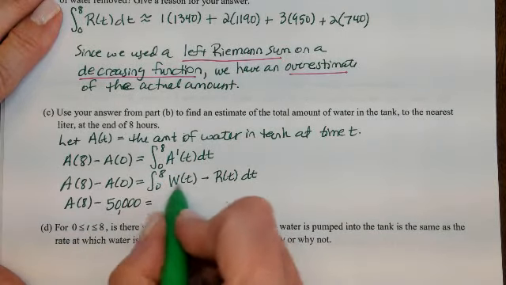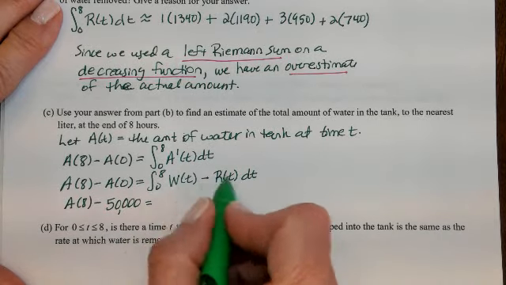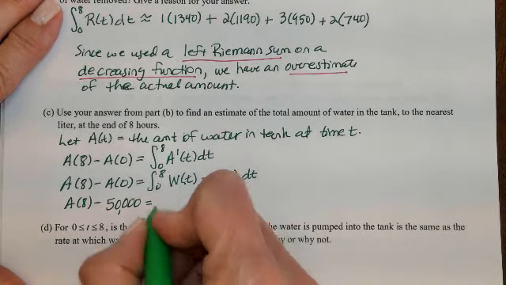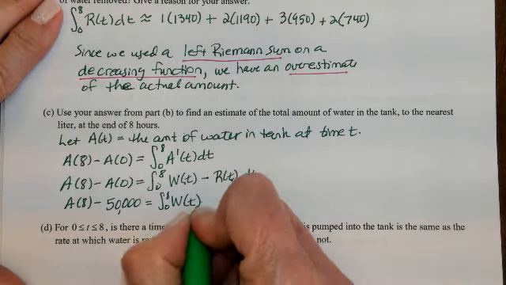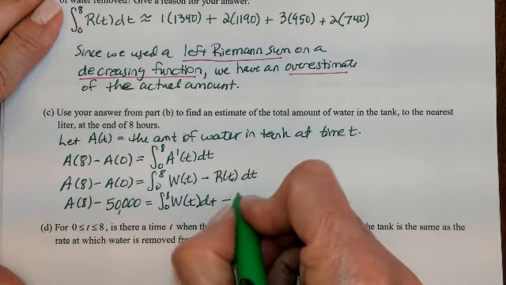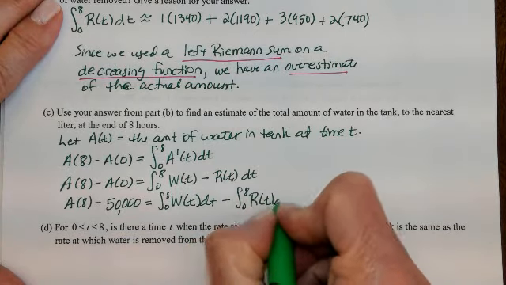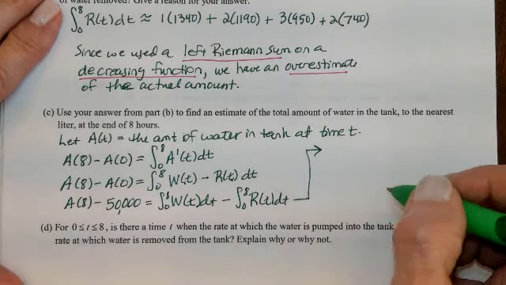And I have two functions. I'm taking the integral of a difference of functions, so it's the integral of this minus the integral of that, right? So this will be the integral from 0 to 8 of W of t minus the integral from 0 to 8 of R of t. Okay?